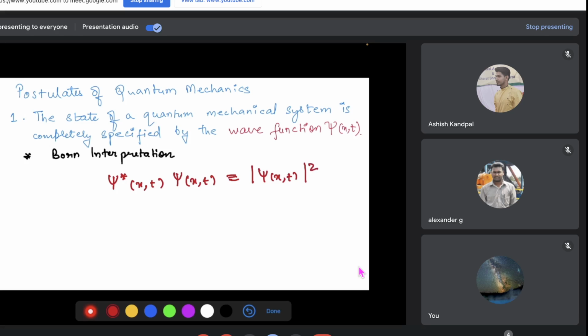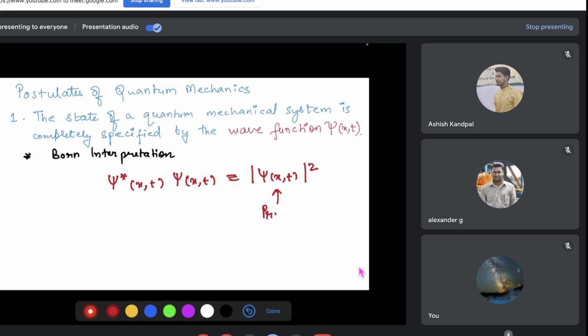This is the quantity which has a physical meaning, and it has a probabilistic interpretation.